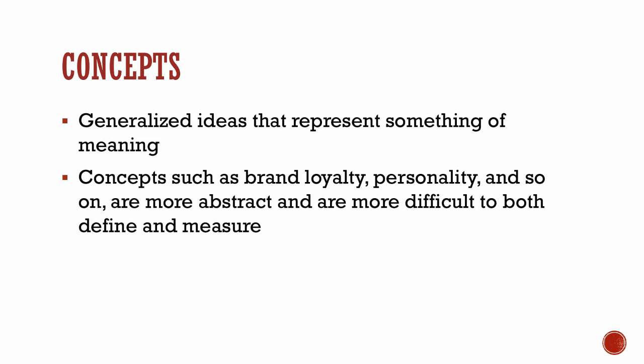Some are abstract and are more difficult to define and measure, for example, brand loyalty or customer satisfaction. Compared with gender, age or height, brand loyalty and customer satisfaction are more abstract to define and measure in research.